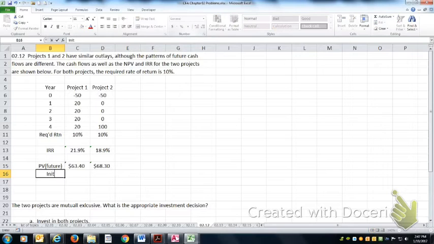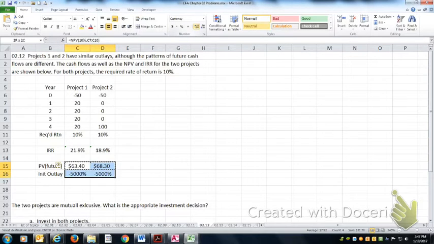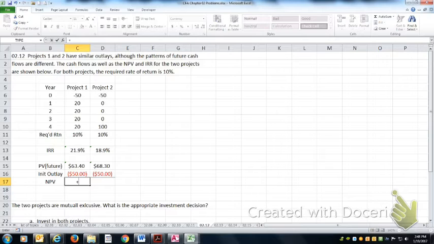The initial outlay for both of these is $50. So the one with the higher present value of the future cash flows is going to tell me that the NPV for project 2 is higher.